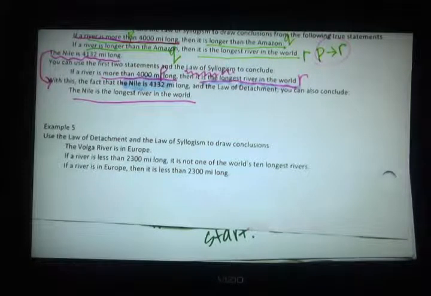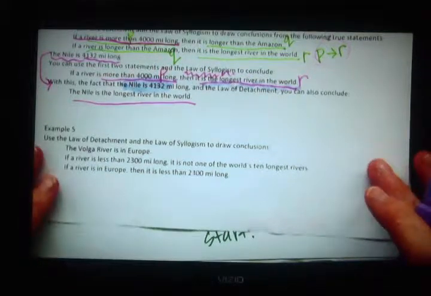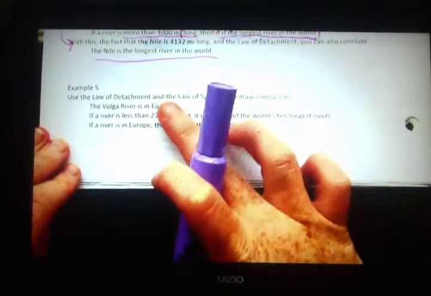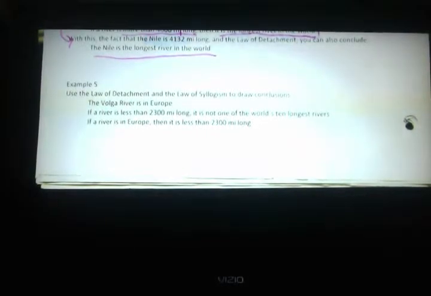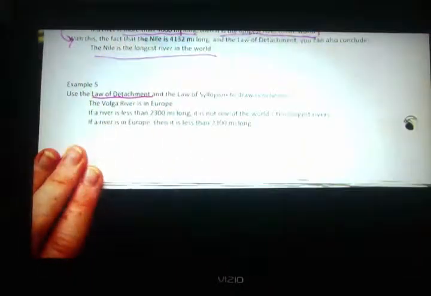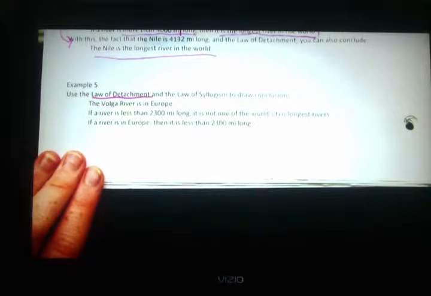Okay, so let's use that same idea and do our own example here. Use the law of detachment and the law of syllogism to conclude something. The Volga River is in Europe. Okay, that's not an if P then Q, so this tells me we may be looking at the law of detachment first, because this is not a conditional statement. Alright, so here we go.